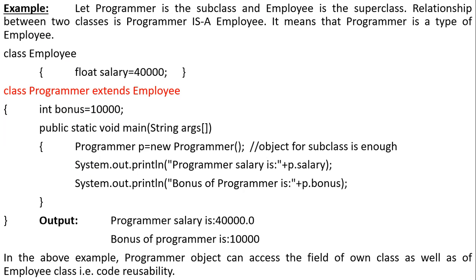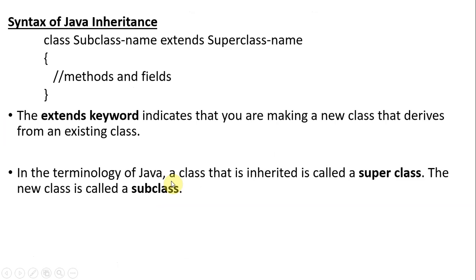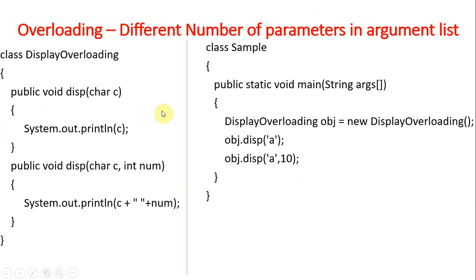Remember that, note it down. If you use inheritance, that is extends between superclass and subclass, creating an object for the subclass is enough. But if you don't use any inheritance, you need to create an object for this class.